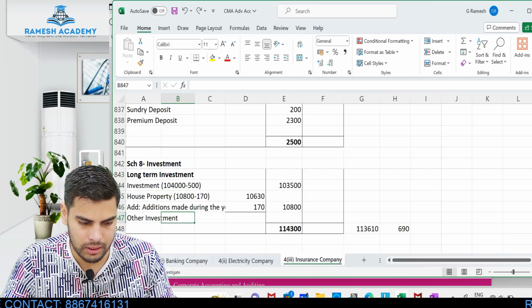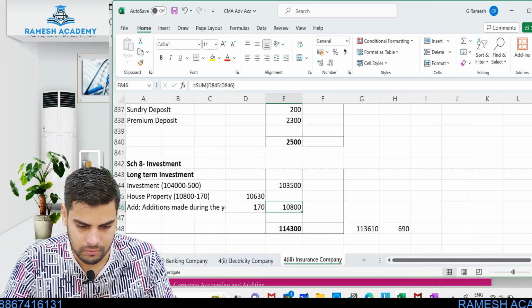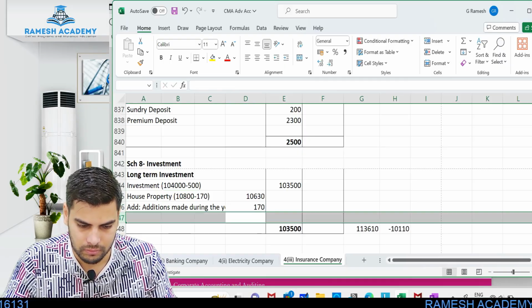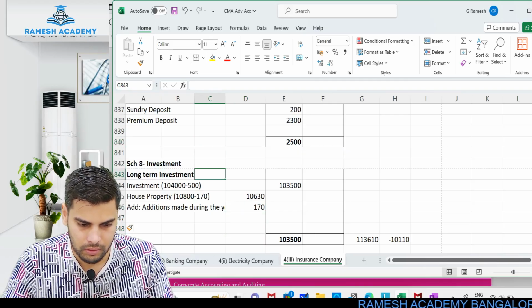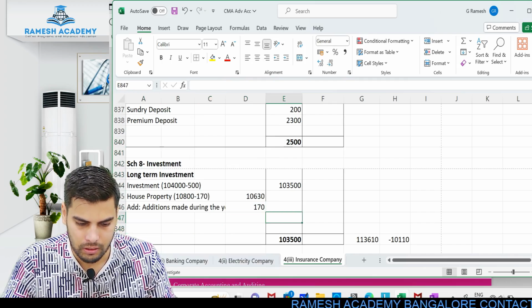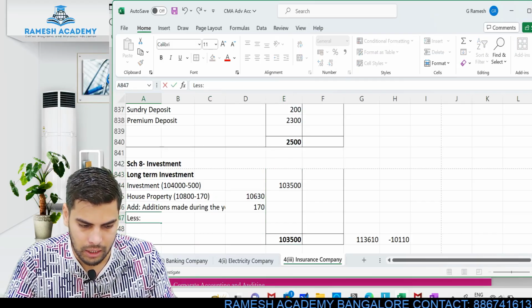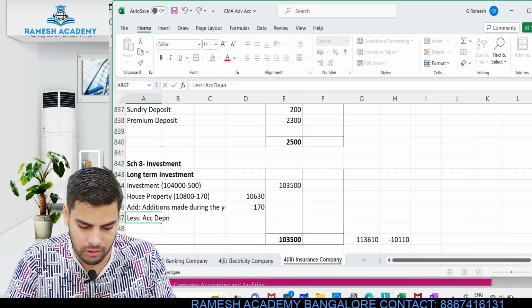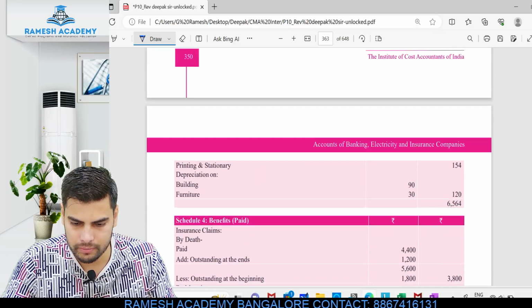Yeah, depreciation is what they have charged over here. Okay, so the same depreciation what I told you about. Okay, so less accumulated depreciation. Okay, so far we have already charged 600 rupees, which is right over here.